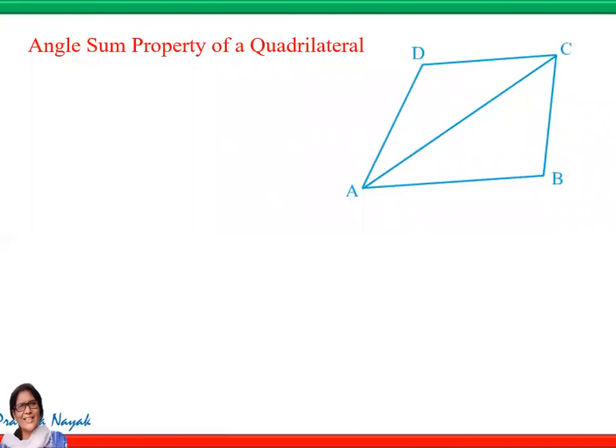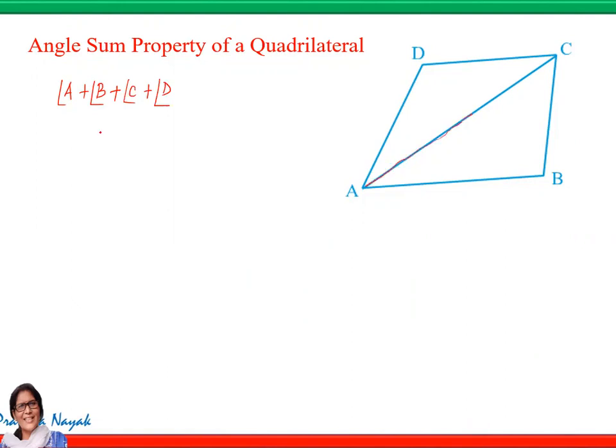Here, if you want the sum of angles A, B, C, D, to find it, let us draw a diagonal. I have joined diagonal AC.